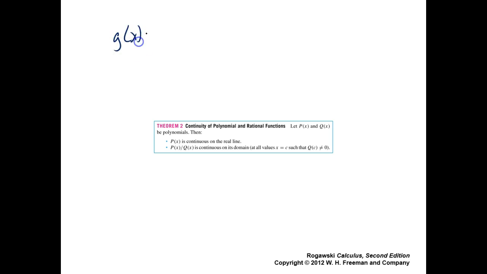G of x is equal to x plus 3 over x squared minus 1. Okay? What can you tell me about g of x? Is it continuous everywhere?